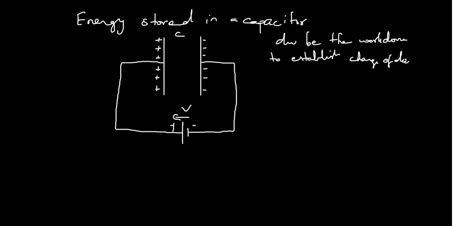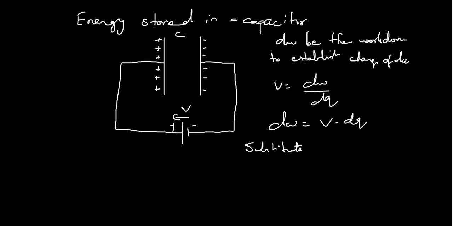So here dW is the work done, and V is equal to dW by dq, whereas dW is equal to V into dq. Now substitute V is equal to Q by C. It's a relation we already know. So dW is equal to Q by C into dq.